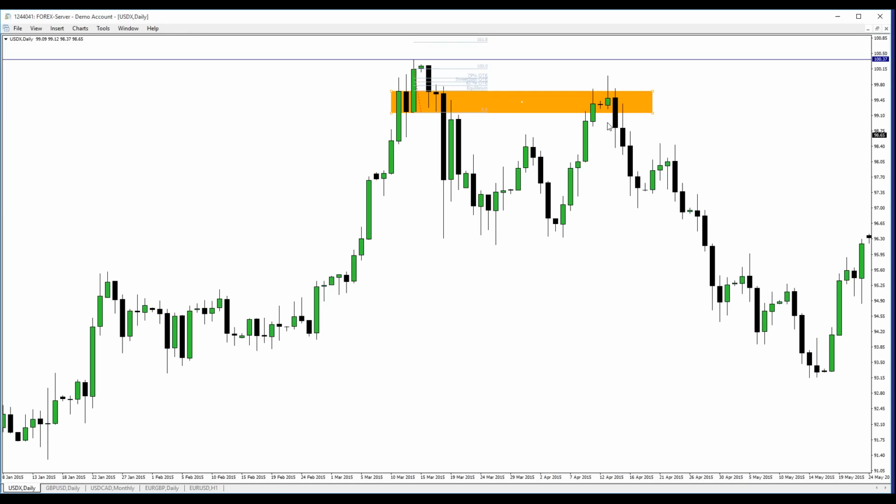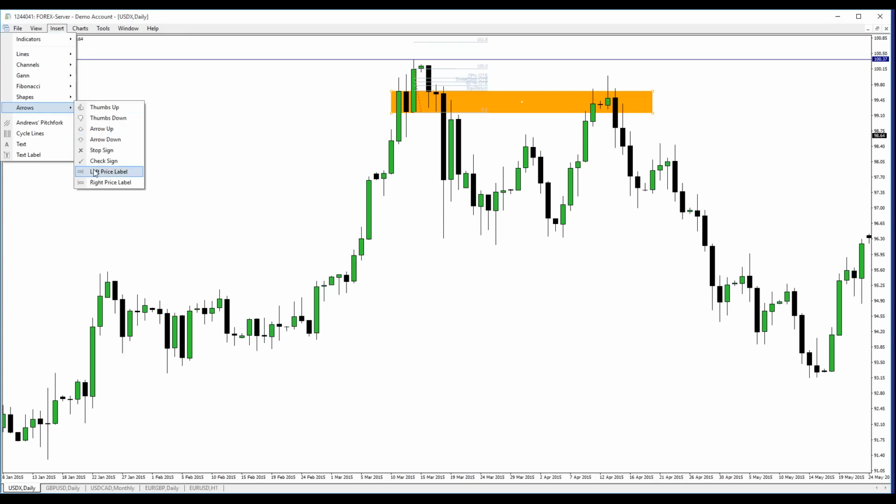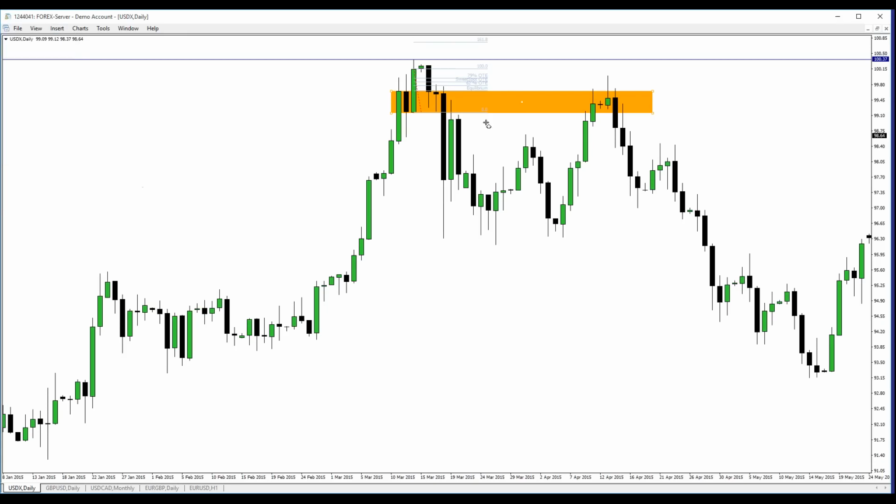So inside of this area, what we do is we look at the highest point and the lowest point of the block. Oh, I grabbed the wrong thing.